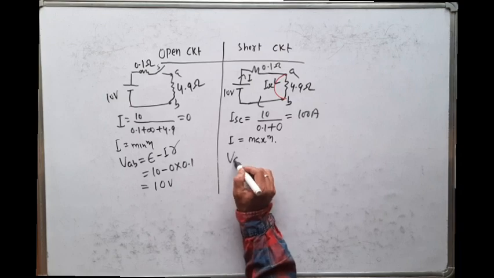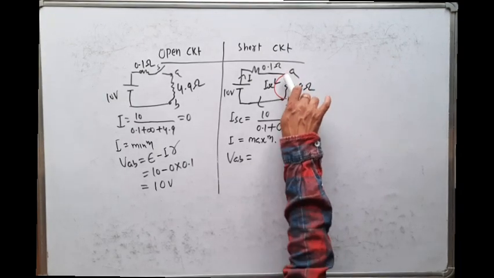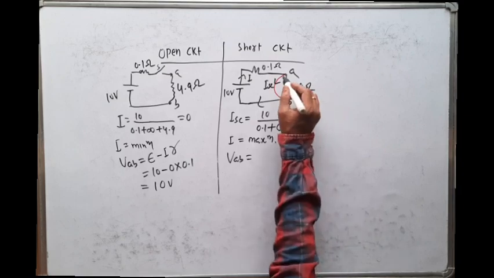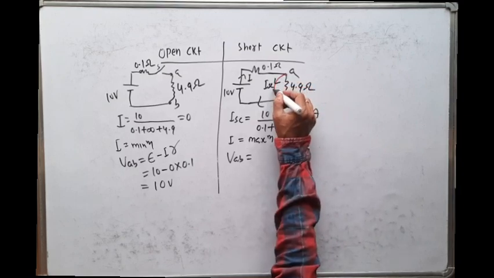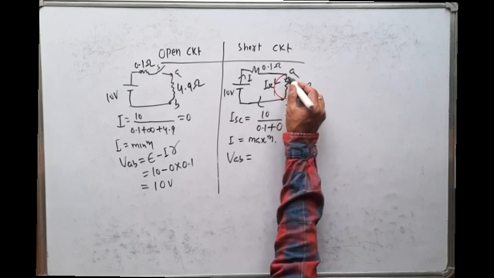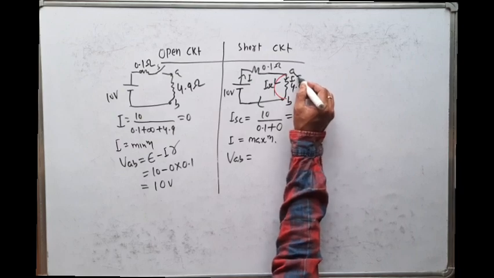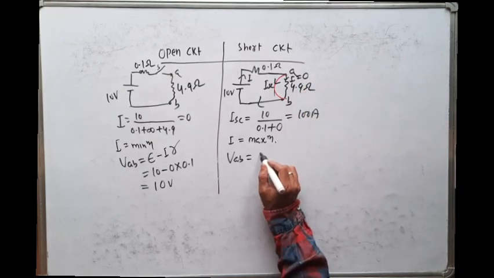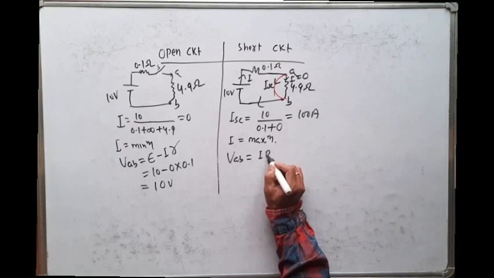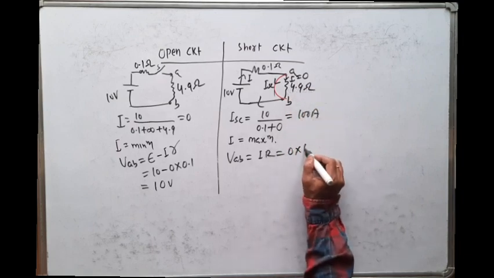But what is the voltage in the short circuit condition? What is the voltage across this load? Here you see the current will pass through the short path. No current will pass through the load. So the current through the AB resistor 4.9 is equal to 0. V is equal to I into R, so the current through this load is 0 into the resistance 4.9.